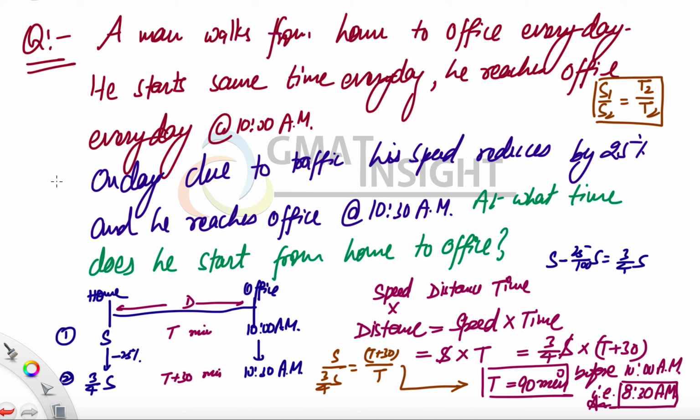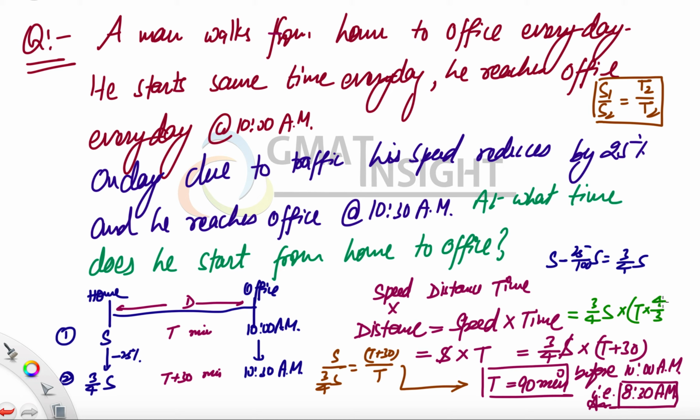And there is also a third methodology, and just for the sake of understanding, I am explaining this here. That is that distance is equal to speed into time. See, the speed has been multiplied by 3/4. So to avoid the effect of it, because the distance is constant, the time should have another factor like 4/3.